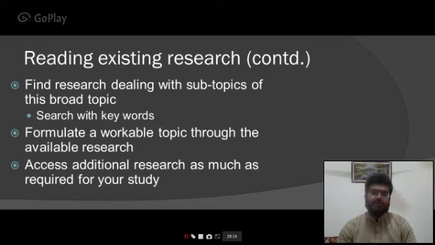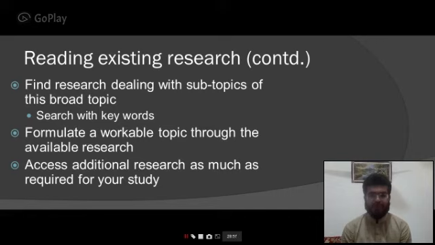And in that you actually derive a lot of support from using keywords for search. So if you look at the topic you are studying, you will be able to see which words, phrases are the core of your topic.